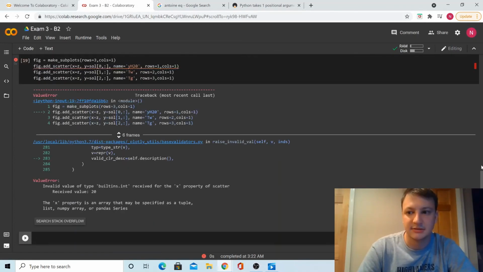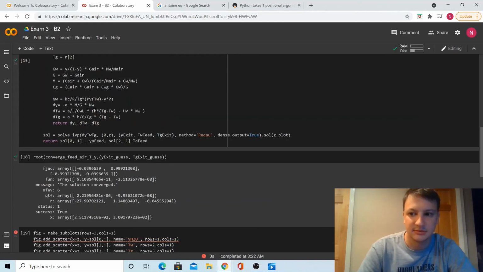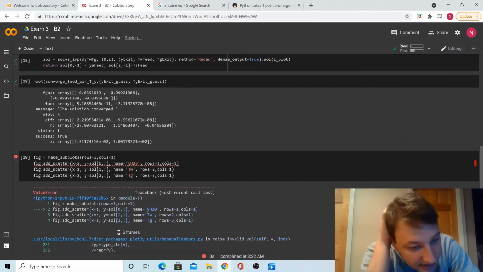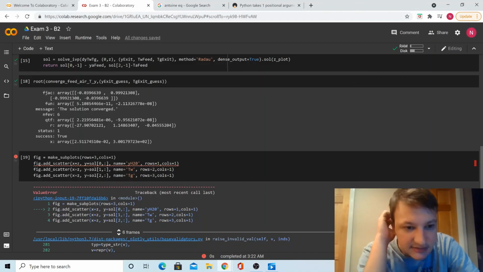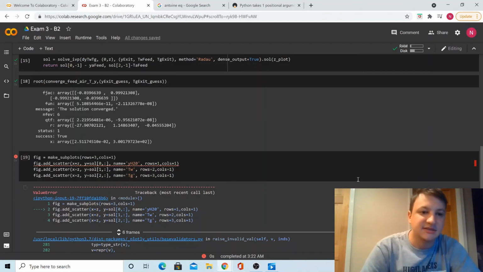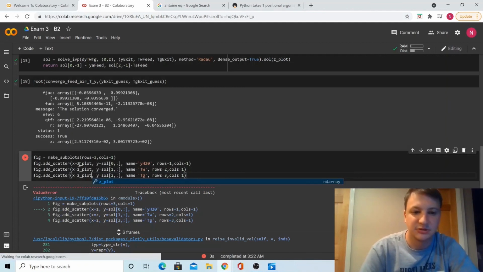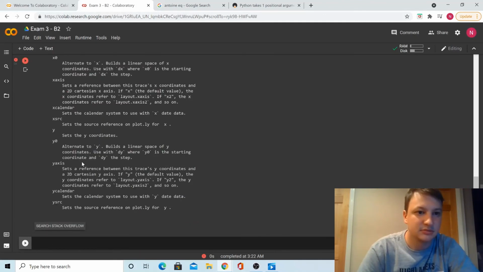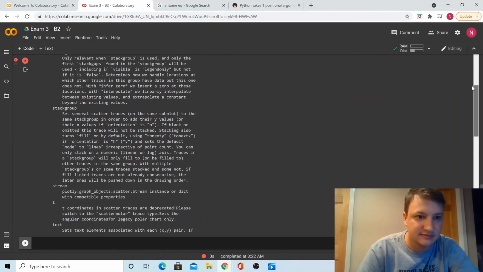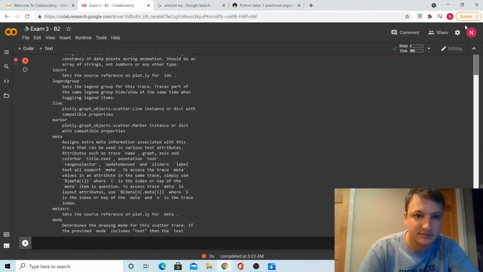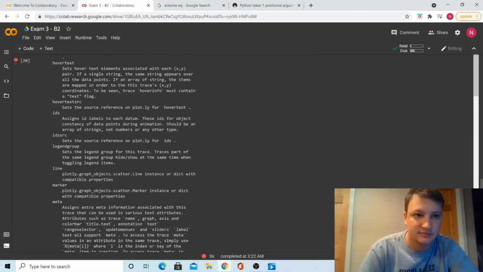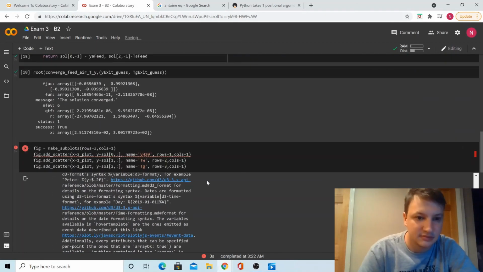Running that, made a mistake. Z-plot, not Z. Add that to each of these lines. Should, oh, a whole lot of stuff. Mess up.